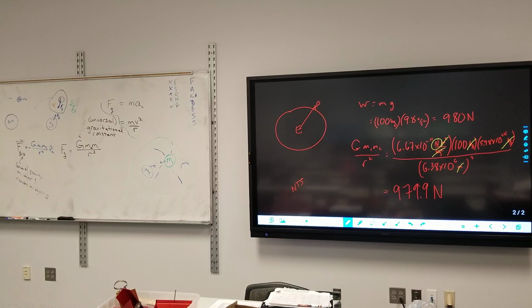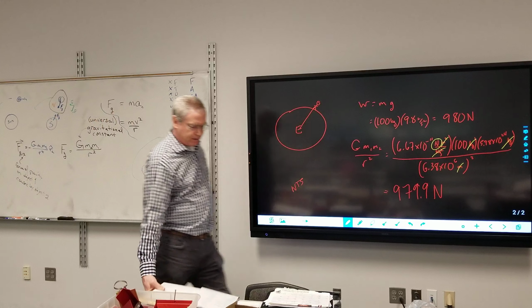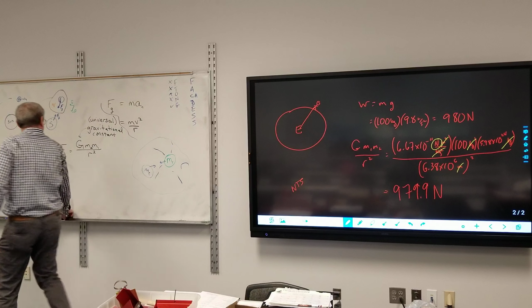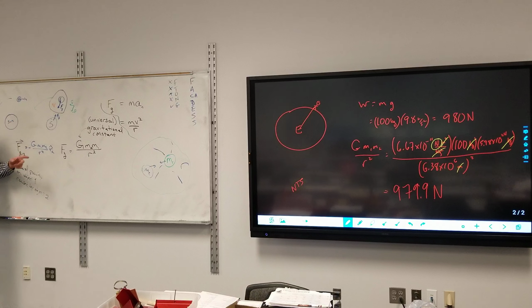All right. Let's figure out what the mass of the sun is. Questions before I erase some of this? So again, we're just finding the force. We didn't know little g because we had two objects in space.